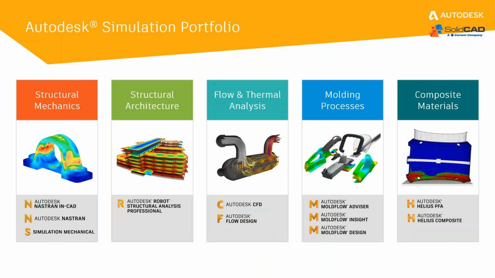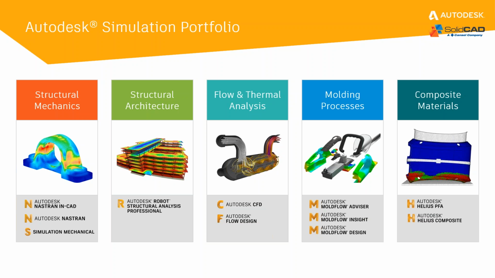Currently, the Autodesk simulation portfolio is comprised of a large number of tools covering different types of analysis and different industries: structural mechanics, structural architecture, flow and thermal analysis, molding processes, composites. Nastran-in-CAD is the current flagship on the structural mechanics side.